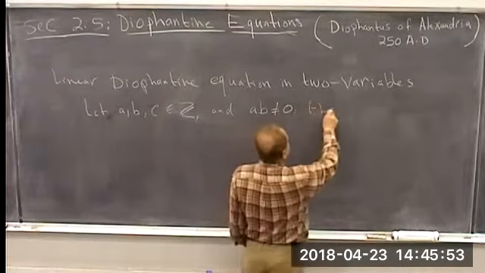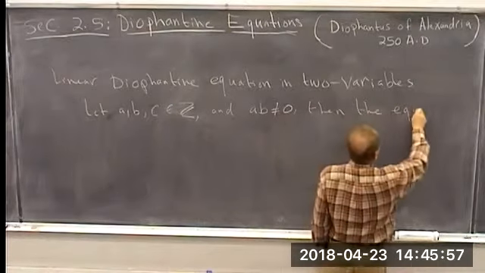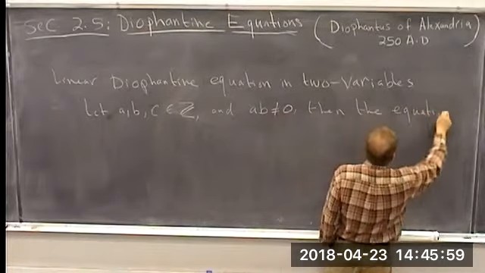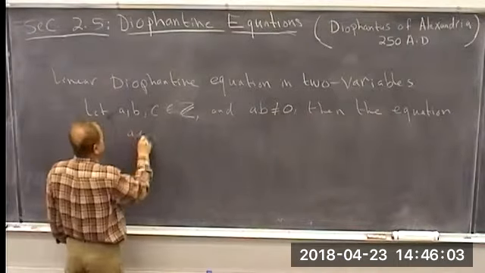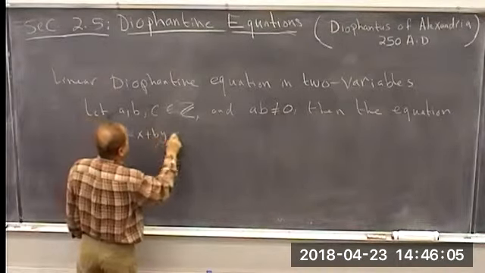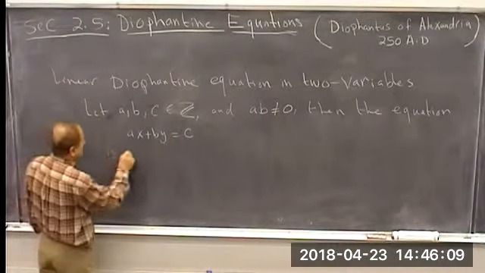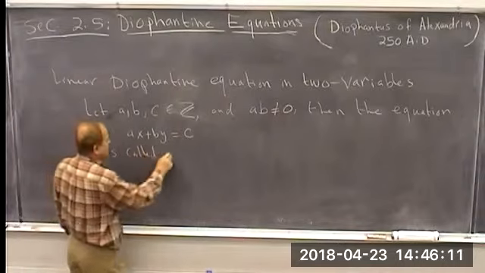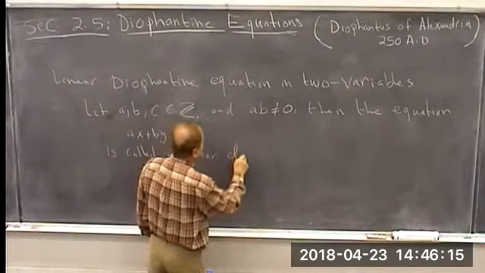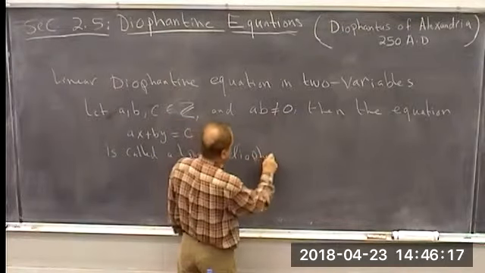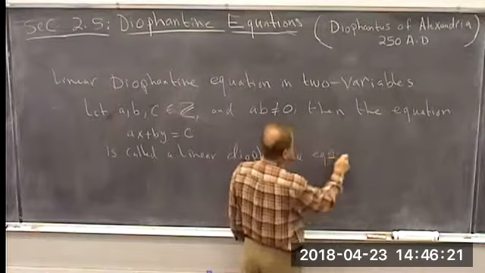Then this equation, ax plus by equals c, is called a linear Diophantine equation in two variables.